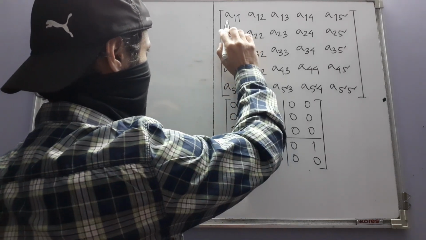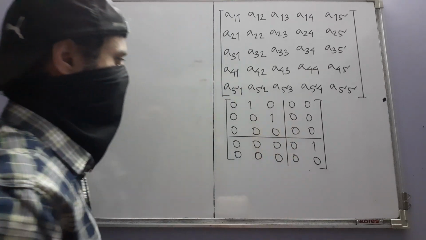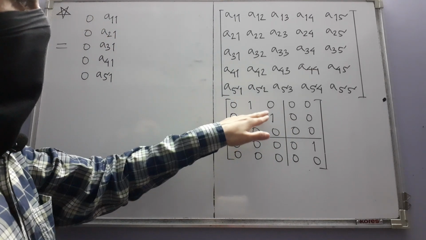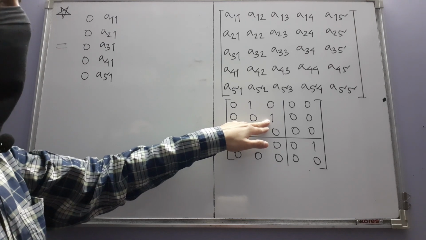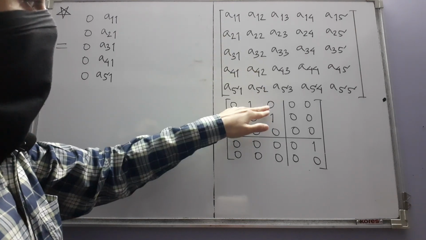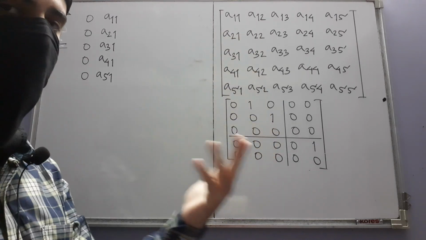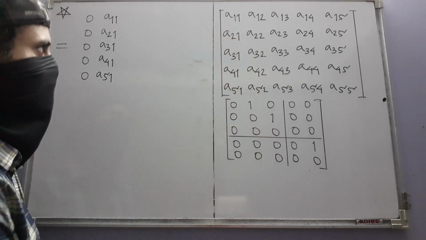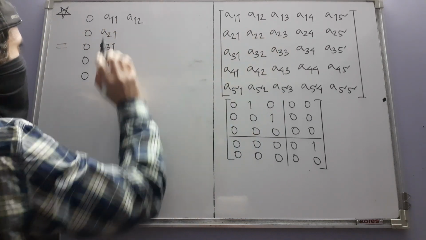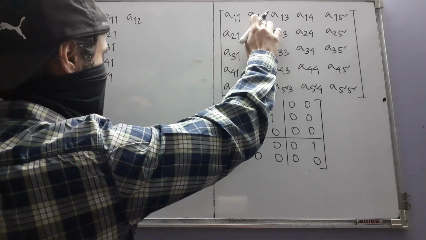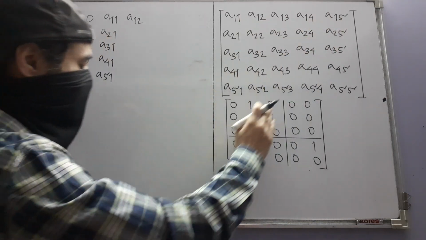The next thing, of course, is first row times third column. When you do that, what will you get? With which entry is 1 going to be multiplied? This gets multiplied with 0, A12 gets multiplied with 1, and the rest are all 0. So A12. That means the second entry when we take the product of the first row and third column.